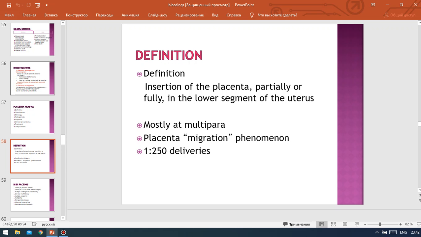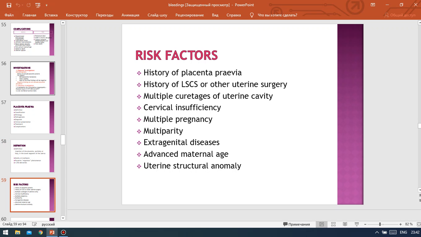Normally, the margin of the placenta is higher above the internal os, approximately 6 centimeters. If it's less, we speak about a low situation of the placenta. One patient in 250 deliveries.